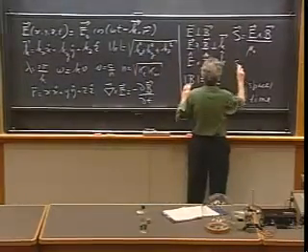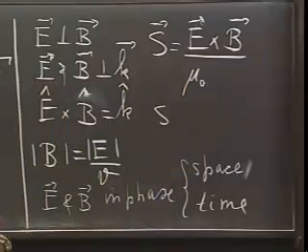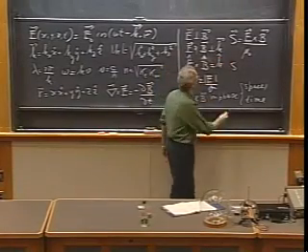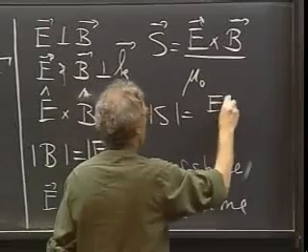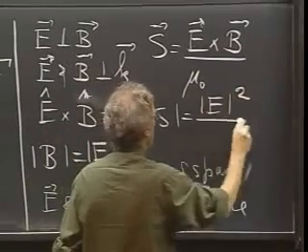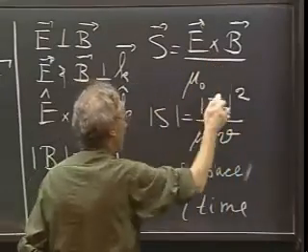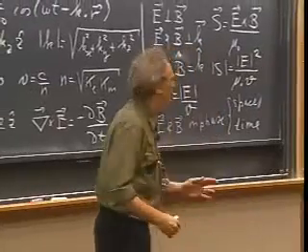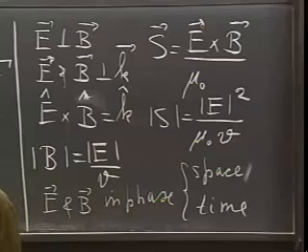This Poynting vector, of course, is time variable because E itself varies with frequency omega, B varies with frequency omega. So the Poynting vector is, of course, time dependent. And so the magnitude of the Poynting vector you can also write down as E squared divided by mu 0 times v, because the B can then be replaced by E divided by v. Since they're at 90 degrees relative to each other, I can ignore the cross because the sine of the angle is then 1.